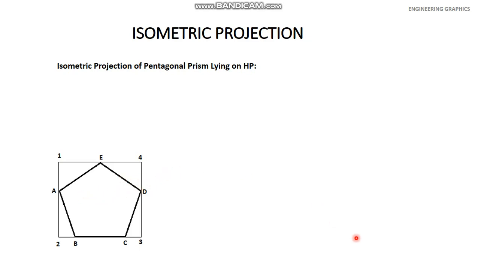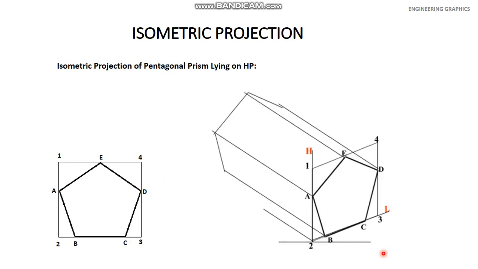And now in isometric projection, take a line 2, 3 at an angle of 30 degree to the baseline, and now draw a line 2, 1 perpendicular to this baseline, and parallel to these two lines 1, 2 and 2, 3, draw two more lines 1, 4 and 4, 3, and this is a rectangle similar to the rectangle visible here 1, 2, 3, 4.